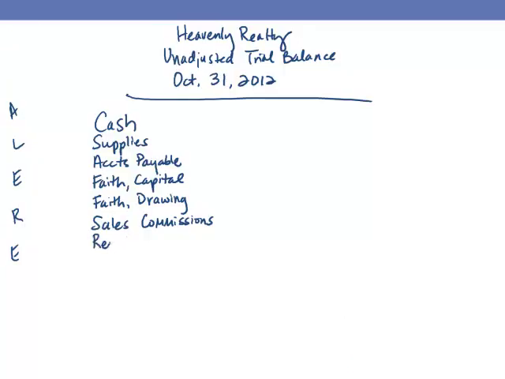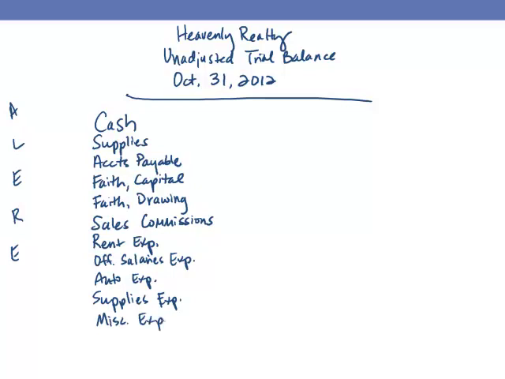So rent, then office salaries, auto, supplies expense, and miscellaneous expense.